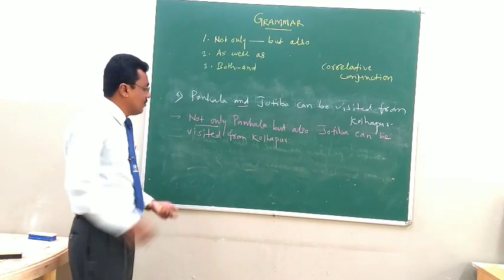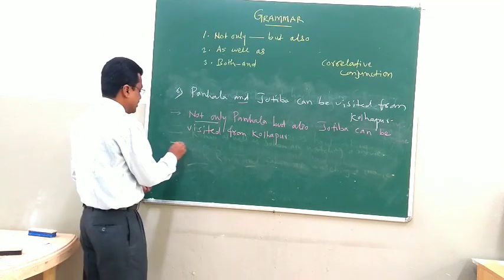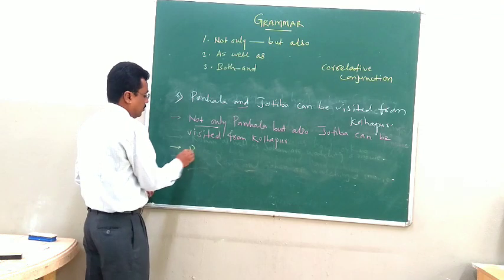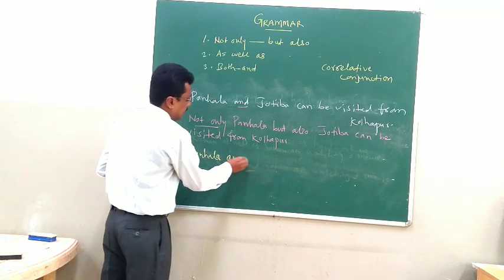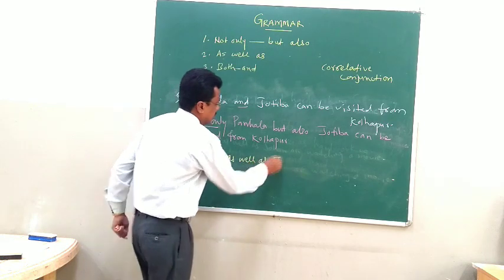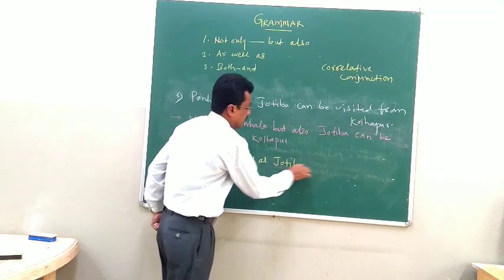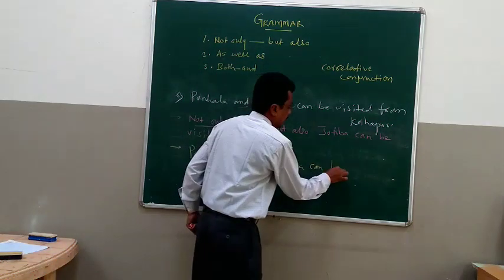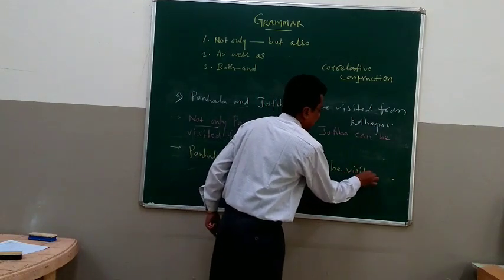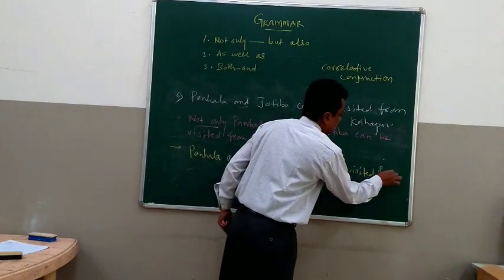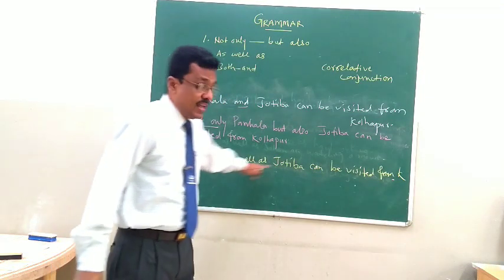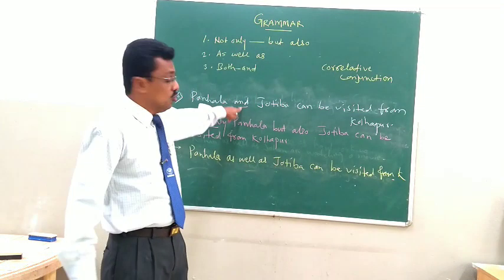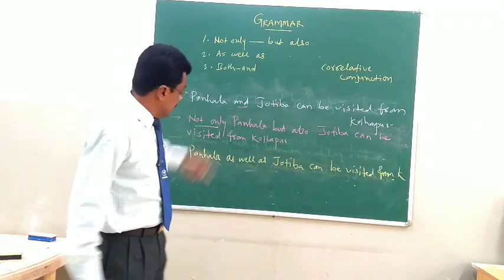Now we will go to the further one, "as well as". Panhala as well as Jyotiba can be visited from Kolhapur. As well as we used in place of "and".